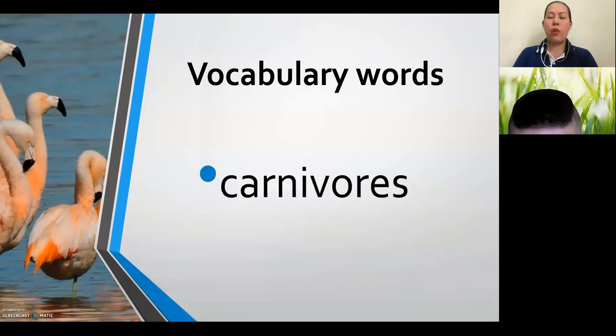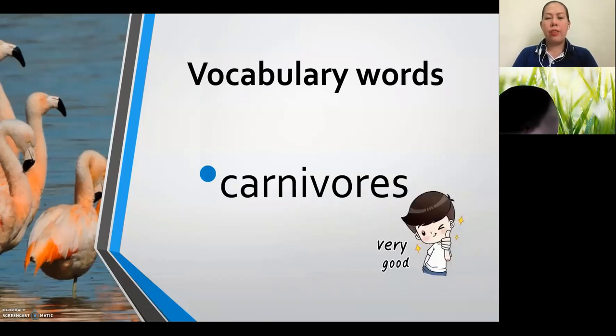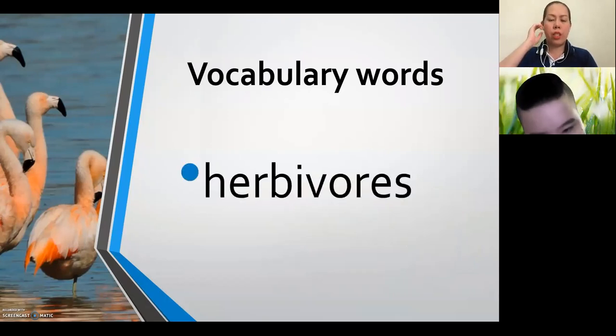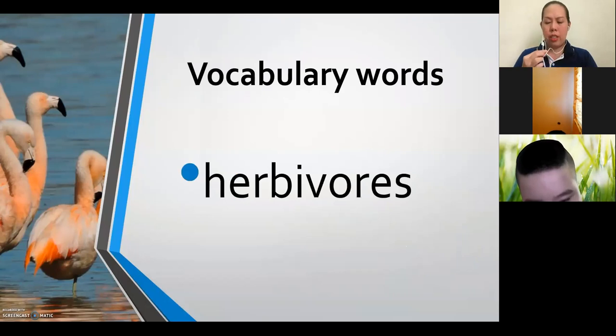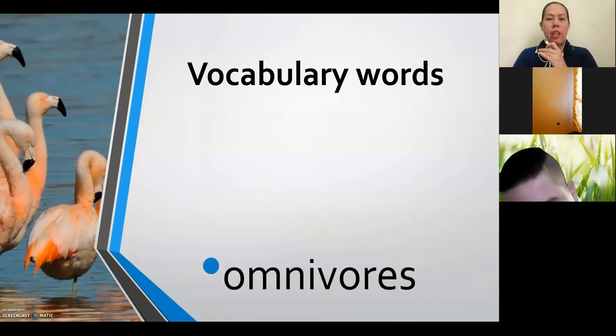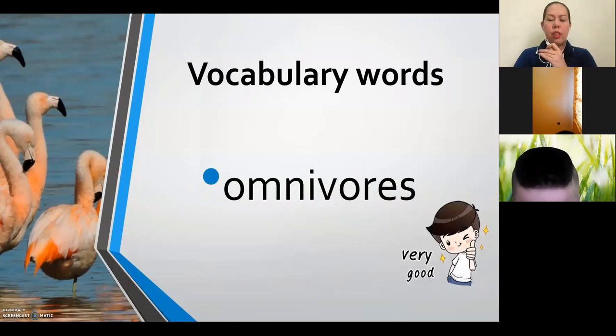Carnivores, carnivores. Very good. Next one, herbivores, herbivores. Very good. Next one, omnivores, omnivores. Very good.